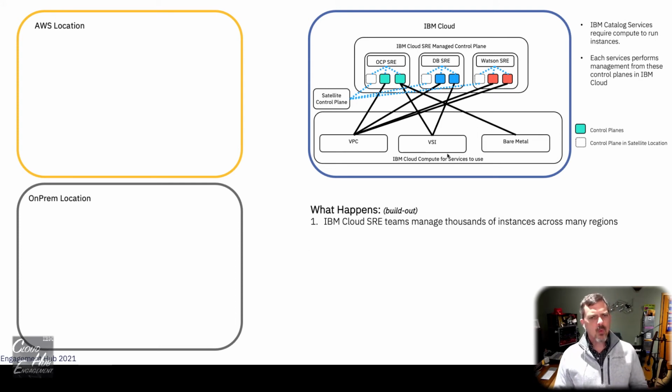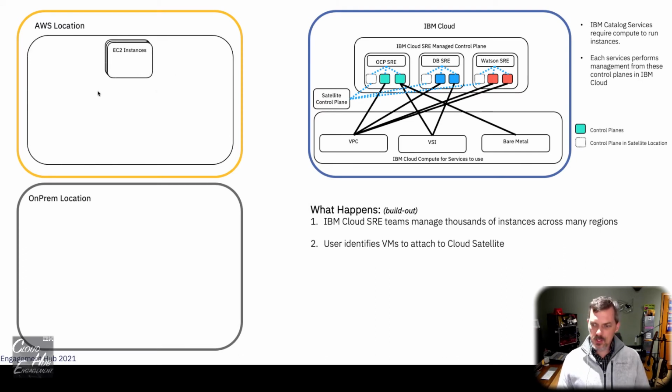But what we want to do is provide those same teams the ability to deploy those services anywhere the customer wants them. And so in this environment, we're going to be taking an AWS location, but it could be on-prem, it could be manufacturing, it could be anywhere else. And what we're going to do is create instances.